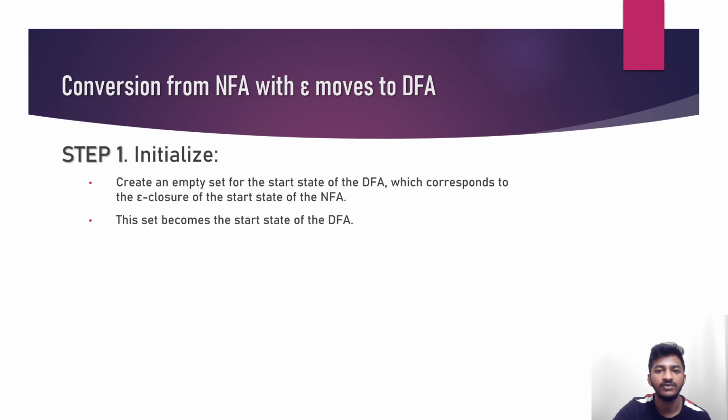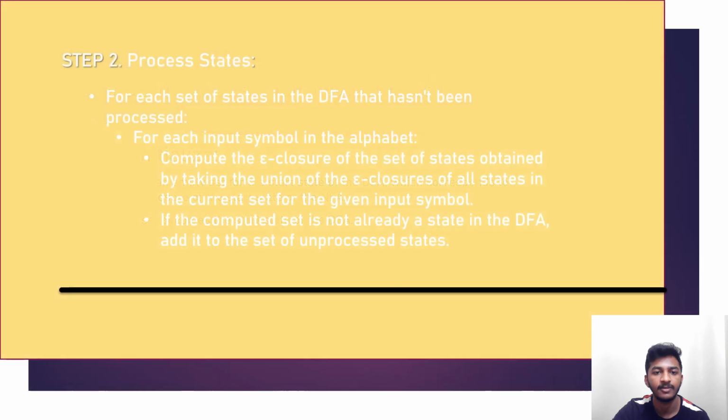Conversion from NFA with epsilon naught moves to DFA. Step 1: initialize. Create an empty set for the start state of the DFA, which corresponds to the epsilon naught closure of the start state of the NFA. This set becomes the start state of the DFA. Step 2: process states.